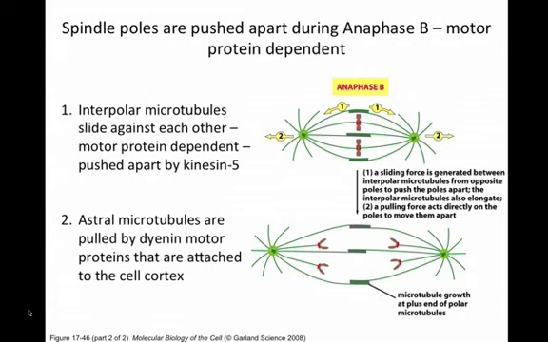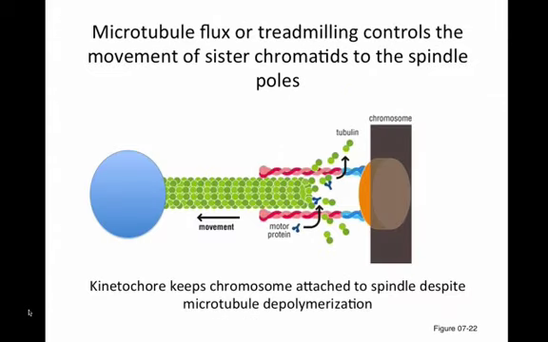So the question was whether the degradation of tubulin occurs at the end towards the kinetochore, not the end towards the centrosome. Yes, the disassembly of the microtubule occurs at the plus end, the part that is attached to the kinetochore, not the part attached to the centrosome.